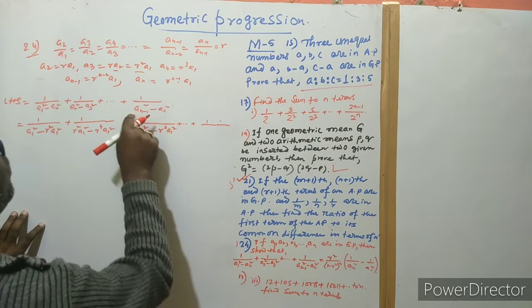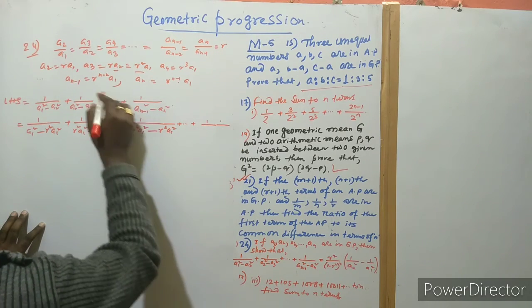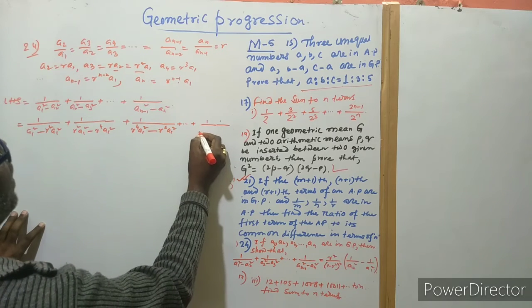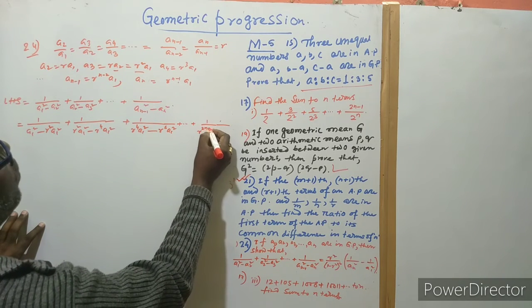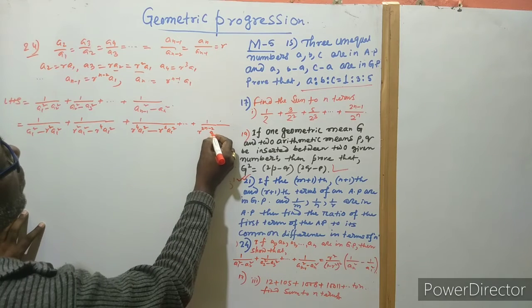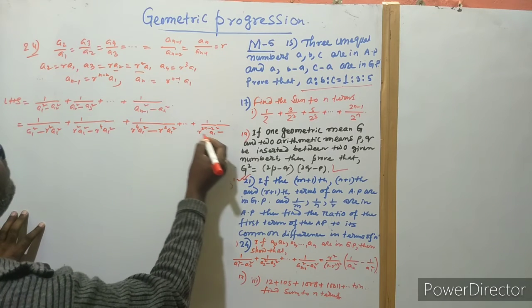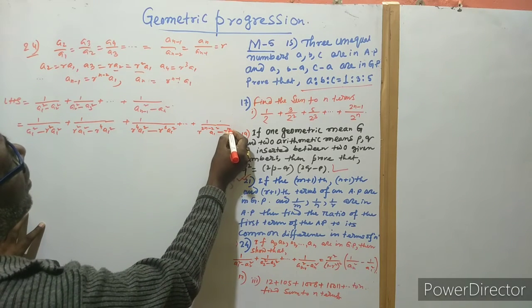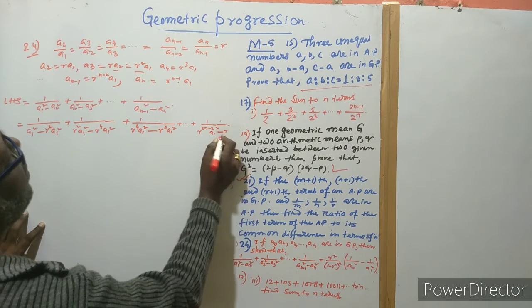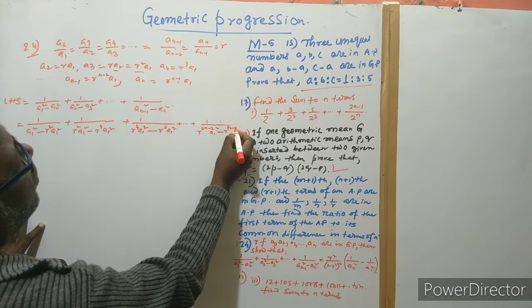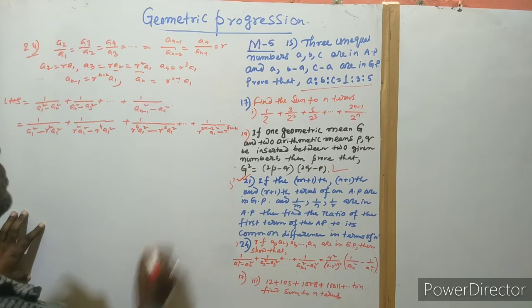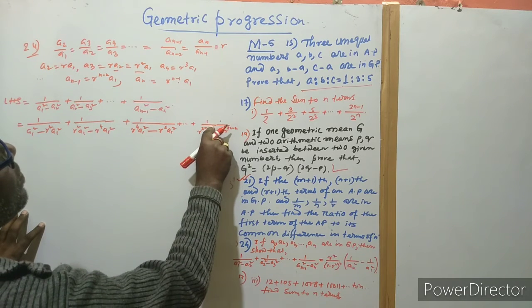So you can write the square, that is R to the power 2n minus 2 into A1 square. Okay, minus R to the power 2n, this is here 4 actually.